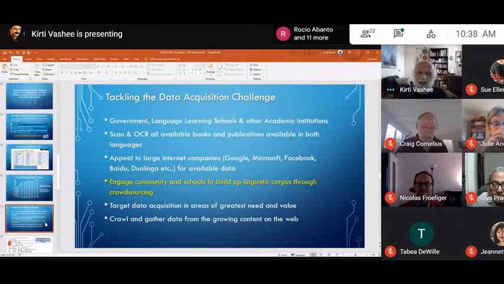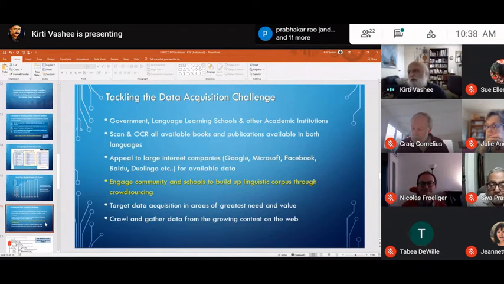In some cases, Google, Microsoft, Facebook might make data available. They're crawling the web, they're gathering all the data. They may not have enough to build a system in some of the UNESCO languages, but they may have enough to get you to not start completely at zero.